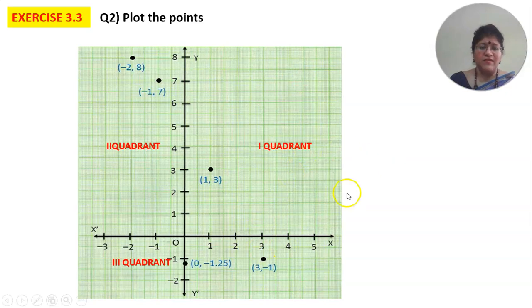Example, if I mention this point as, say, S, without these coordinates written here, just S, I could ask you what is the position of S or what are the coordinates of point S, and then you would write the answer or click on the correct option. S coordinate is 1, 3. I hope that is clear.